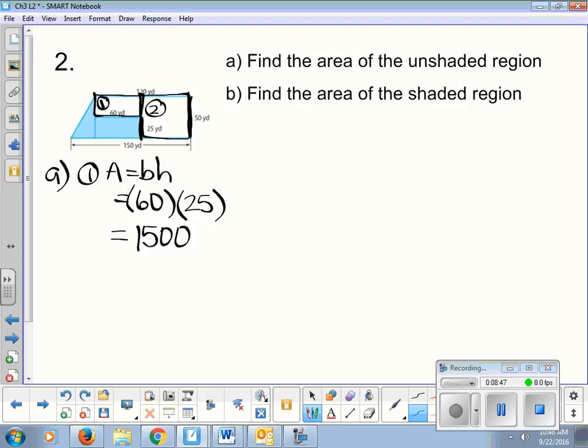And for our second area, we're using base times height again. What would be our base? 60? No. 25.